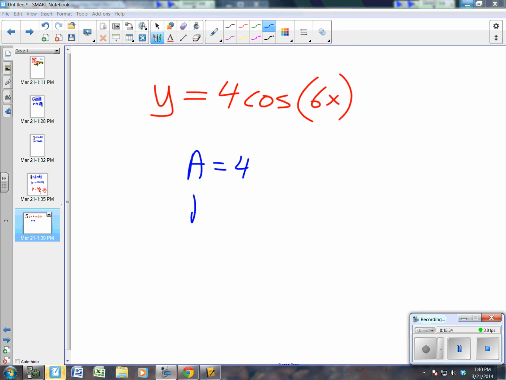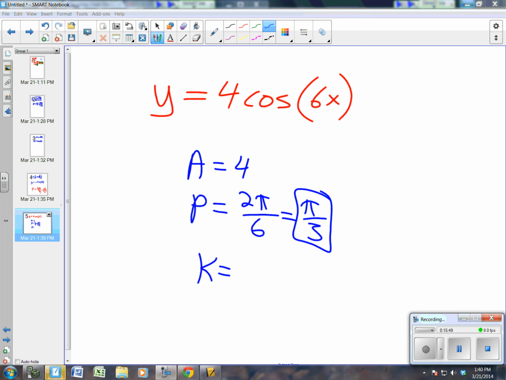What's the period? 2 pi over 6, if you're using the formula, right? Which reduces to pi thirds. Hey, you guys, K is what? K is 6. A lot of students get the period and K mixed up. They're two different things. K affects the period, but it's not the period.